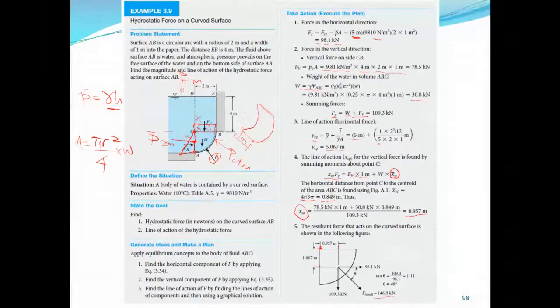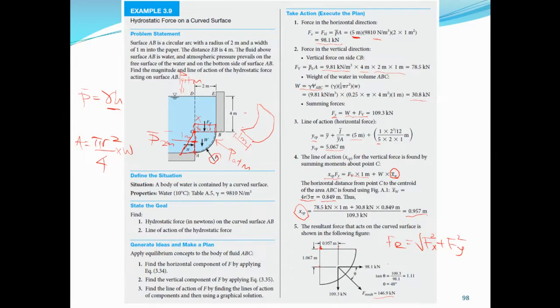The resultant force is simply the square root of Fx squared plus Fy squared. And to find the angle through which it is acting, that is its line of action, we use tan theta, which is opposite over adjacent, Fy over Fx.